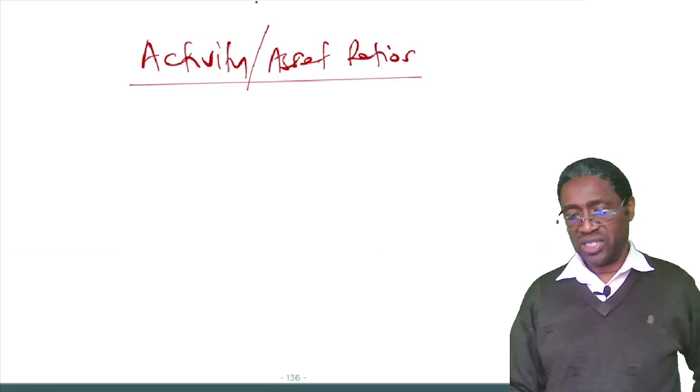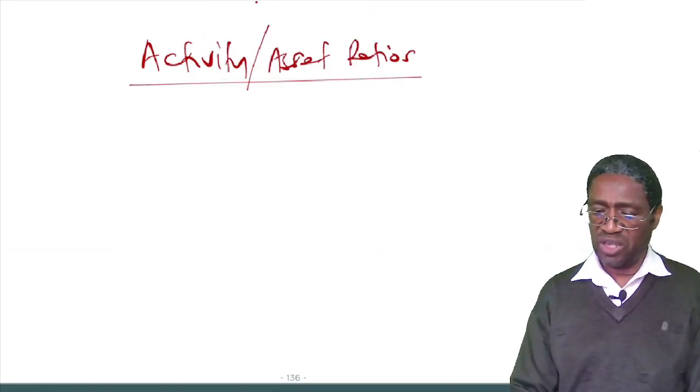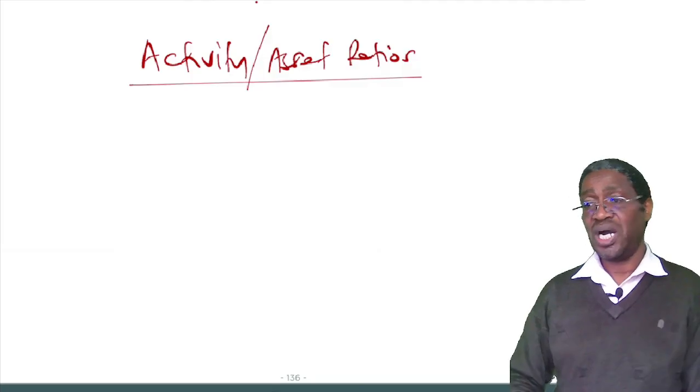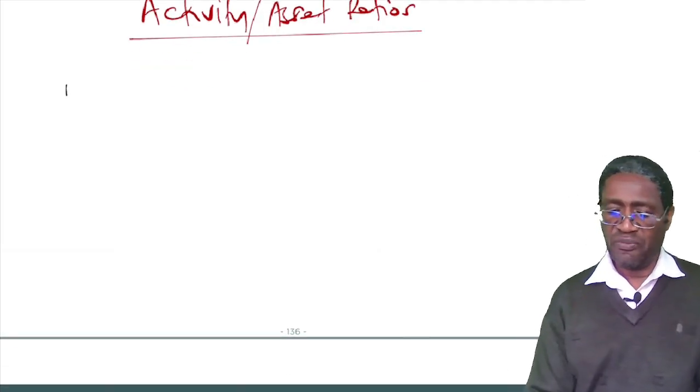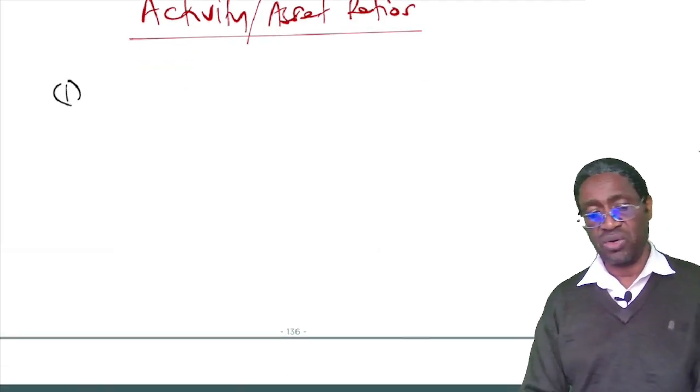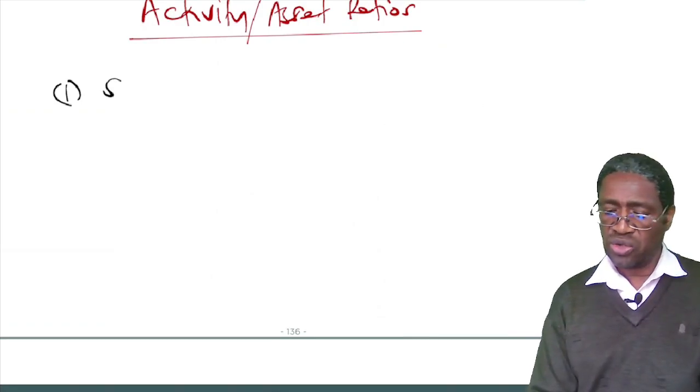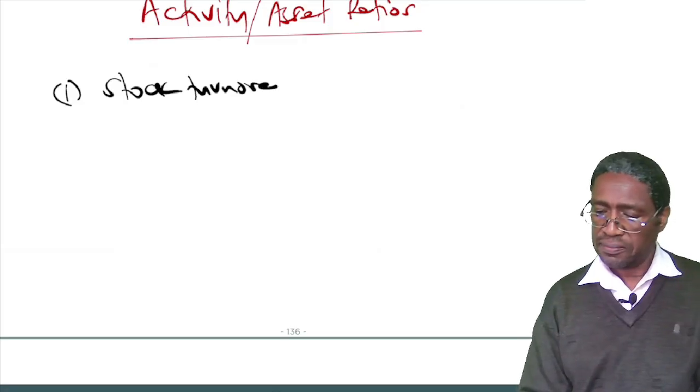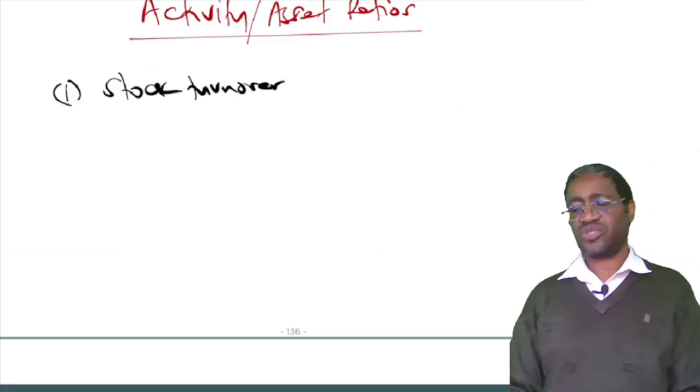Okay? Let's go on. Now, let me start with the first type of ratio under this category. One type of ratio we shall be calculating under this category is what we call stock turnover.